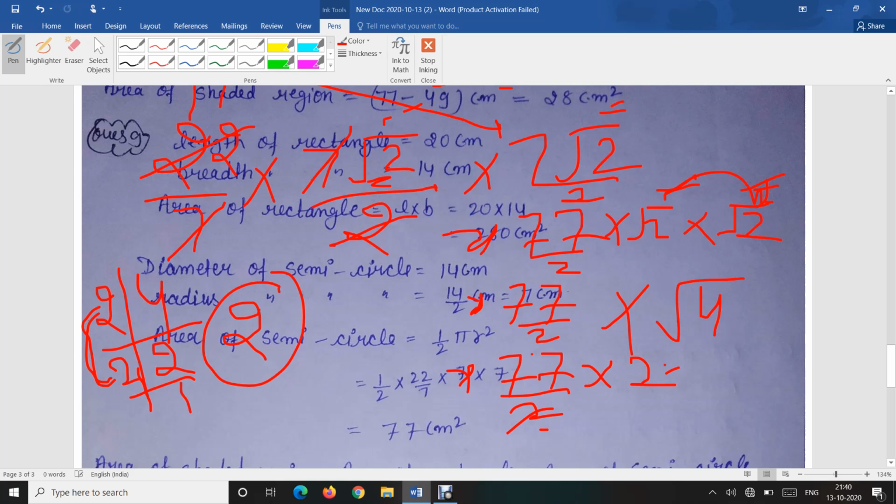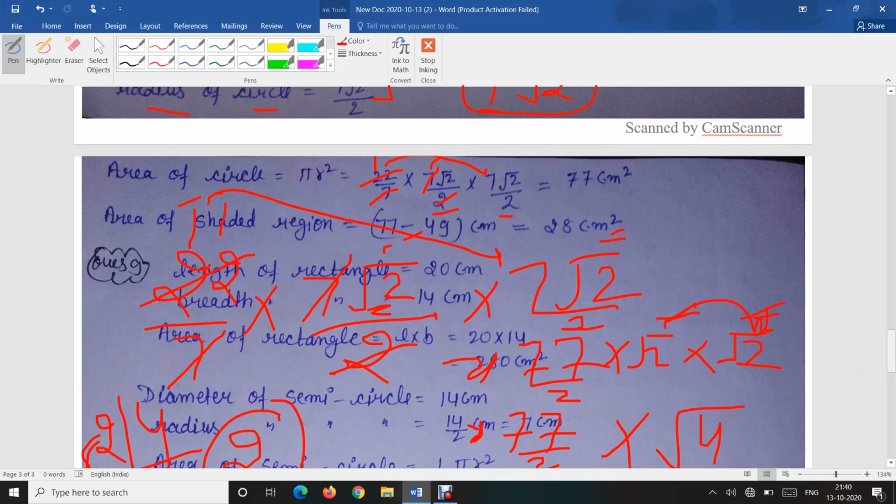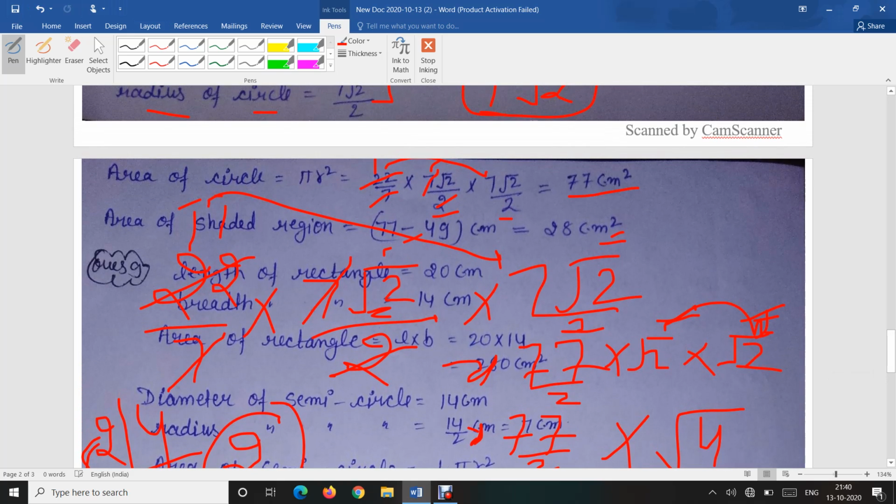So you can cancel this 2 with this 2, because this 2 is in the numerator and this 2 is in the denominator, and there is a sign of multiply between them. So you can cancel these two by each other. So you are left with 77. So the answer for the area of this circle is 77 centimeter square.